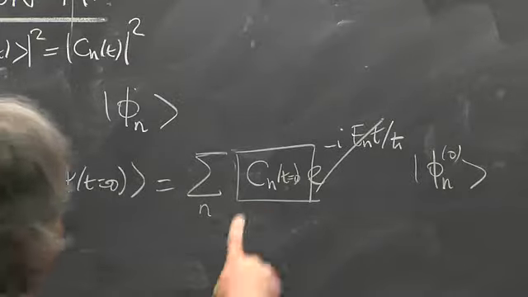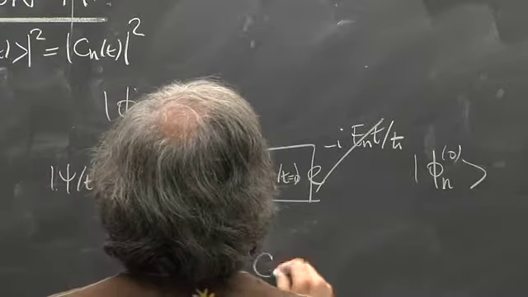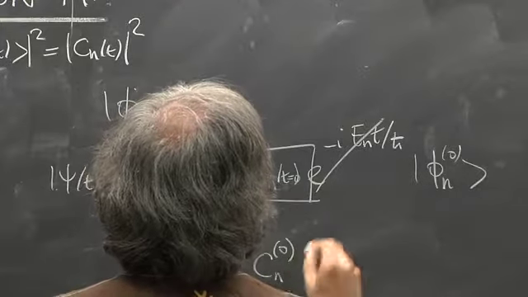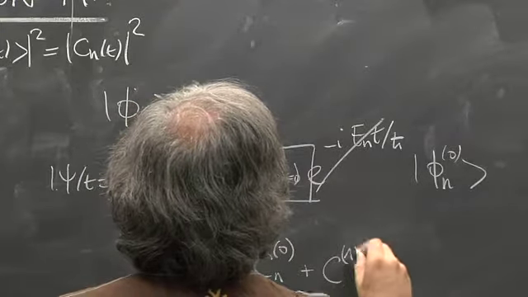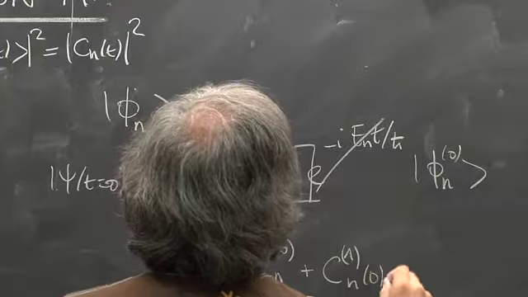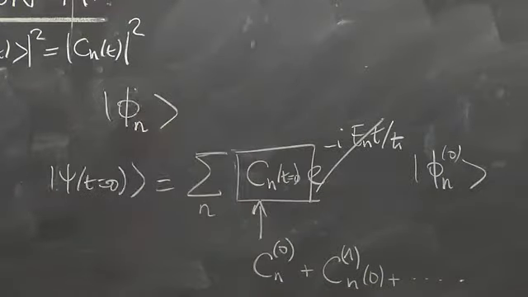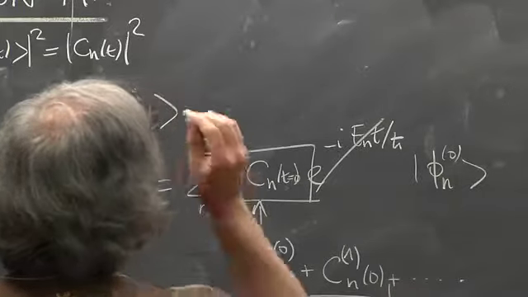Now this object is a C0 plus C1 plus other things. And I want to stop just at first order. So I just keep those two.